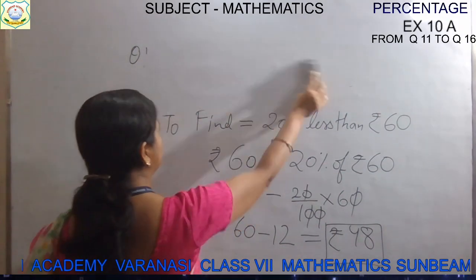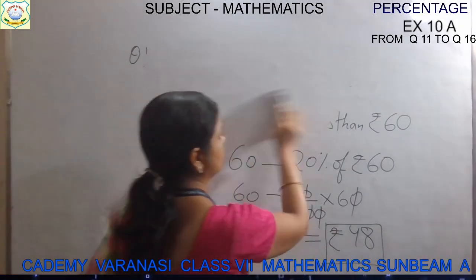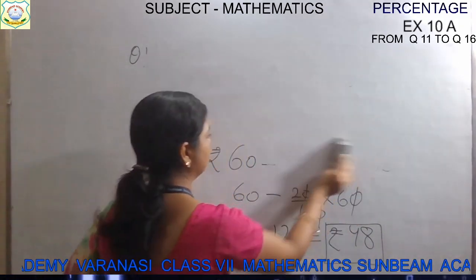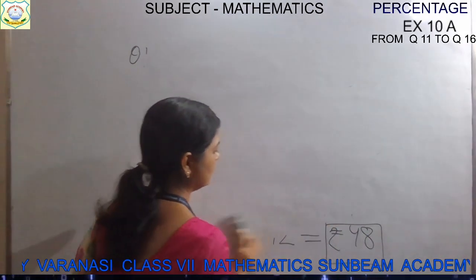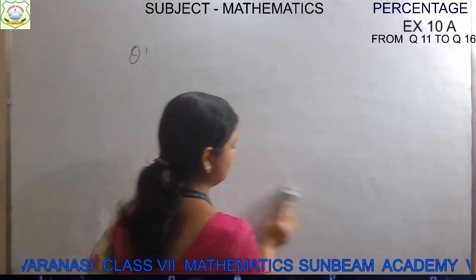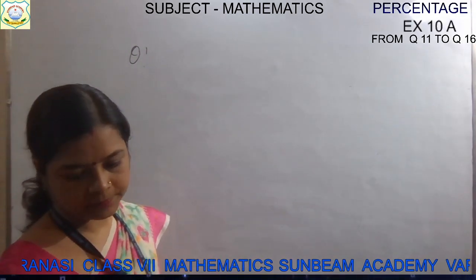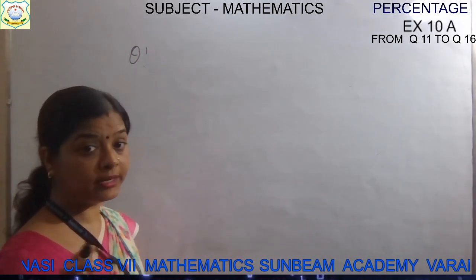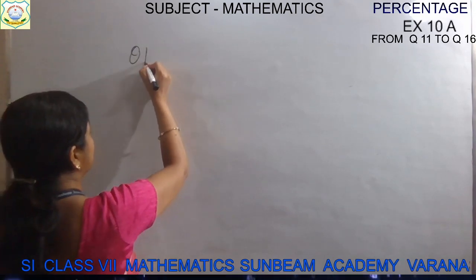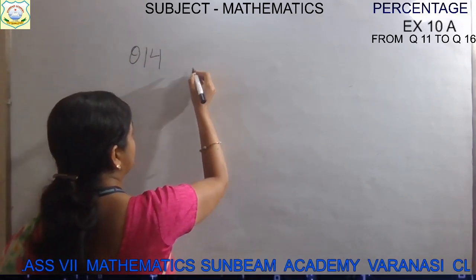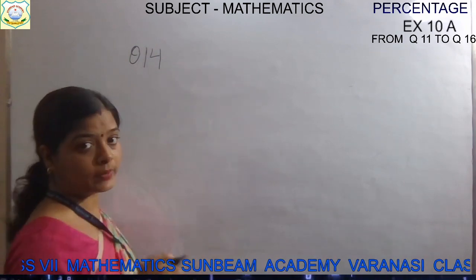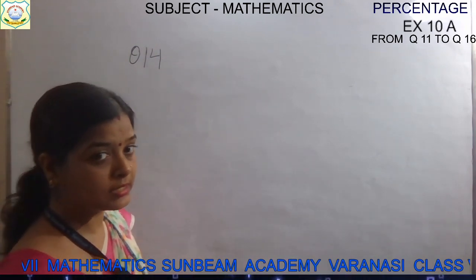So let's first of all write down the given portion. What is given and what we have to find. Question number 14. 12.5% of x is 6.